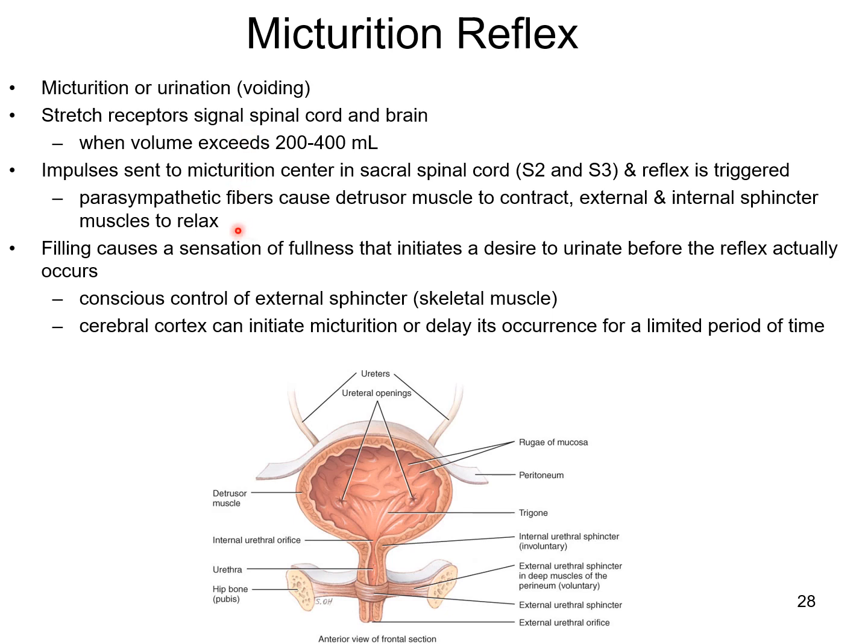The spinal cord will relay those nerve impulses to the smooth muscle of the bladder, and also opens the skeletal muscle and the smooth muscle sphincters, external and internal sphincters. Here is the internal urethral sphincter, and here's the external urethral sphincter.